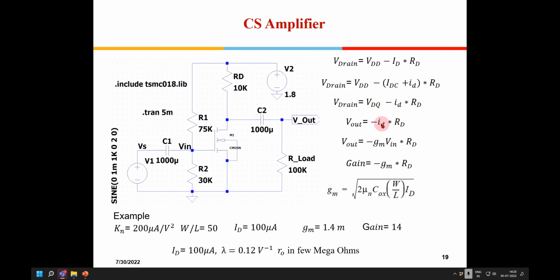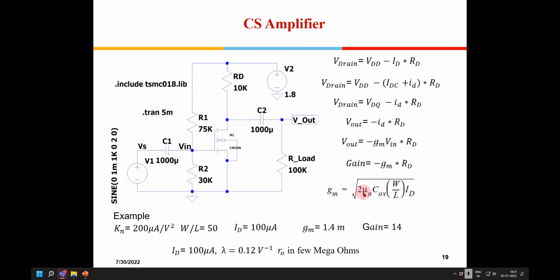That is V out, and small id is gm into V in. Small VGS is nothing but V in here. When I call it V in, it is always the small variation. So now this is V out, and V in is this. V out by V in is gm into RD, so this is the gain.